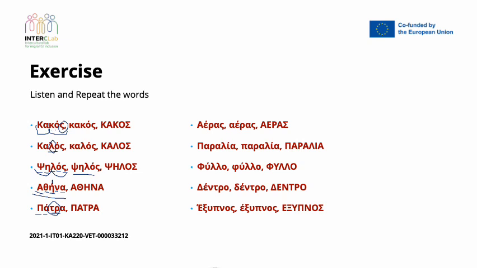So together we have tr, tr. So altogether, patra, patra. In English, we call it Patras. So Patra is another city. It's the name of another city located in Greece.